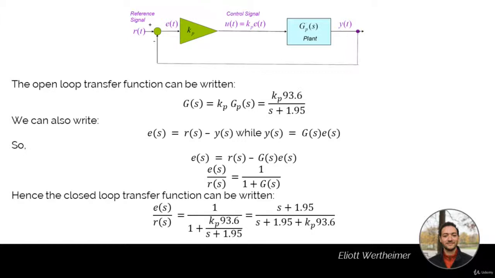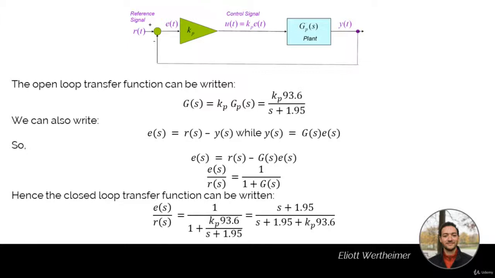We can also write the equation for the error. So the error is E(s) equals R(s), the reference, minus Y(s), the output. But we know that Y(s) is equal to G(s), which is the open loop transfer function, multiplied by the error E(s). So we have that the error E(s) is actually equal to R(s) minus G(s) times the error itself.